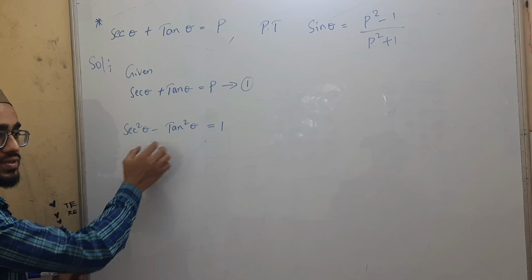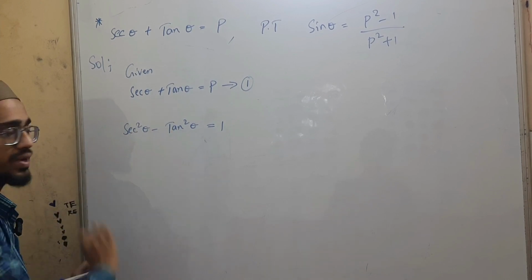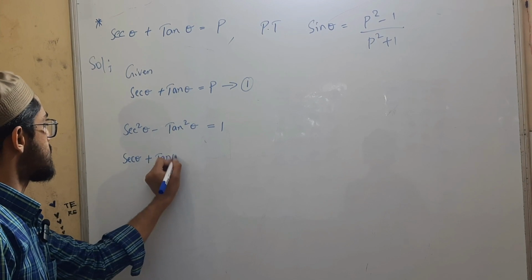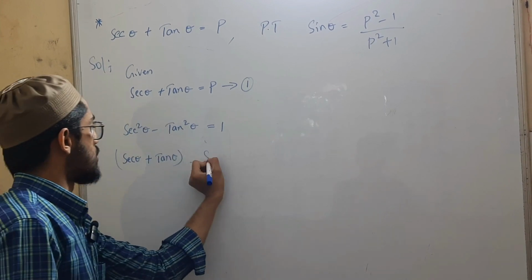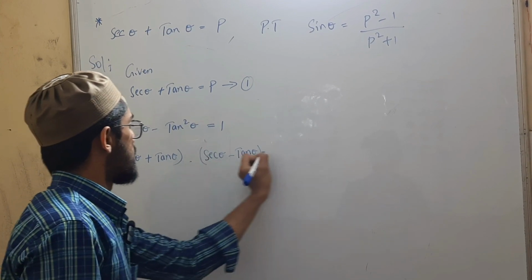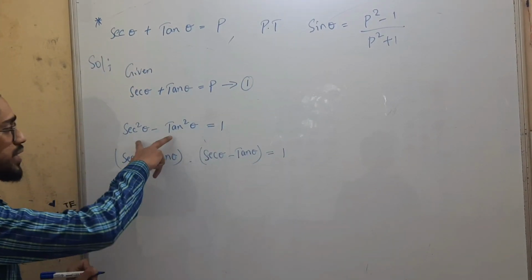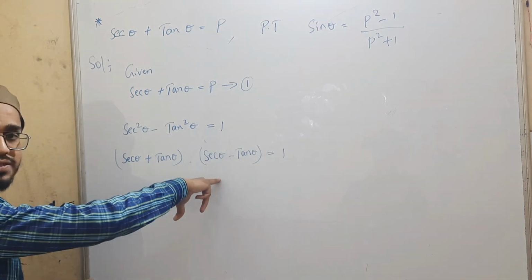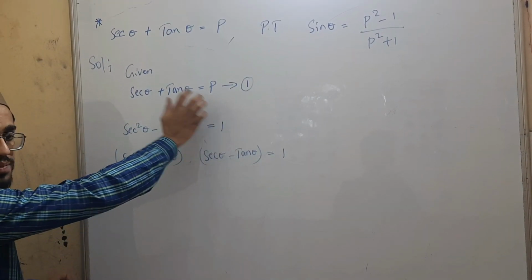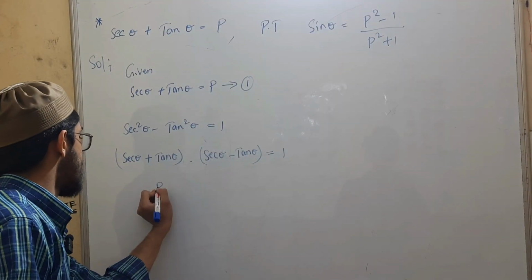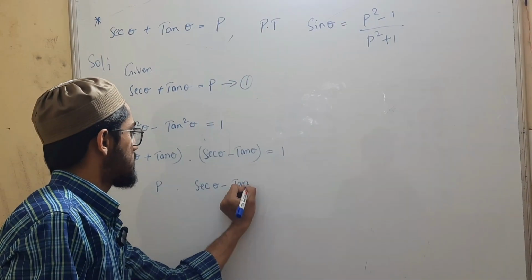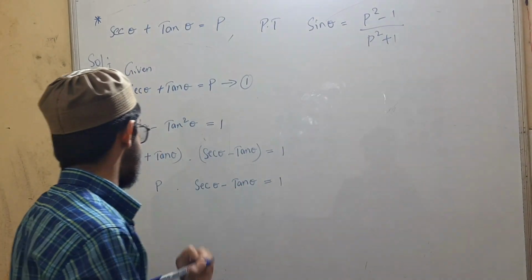Now, according to a square minus b square, this can be written as (secant theta plus tan theta) into (secant theta minus tan theta) is equal to 1. Now in the place of secant theta plus tan theta, p can be substituted. Substitute p here: p into (secant theta minus tan theta) is equal to 1.